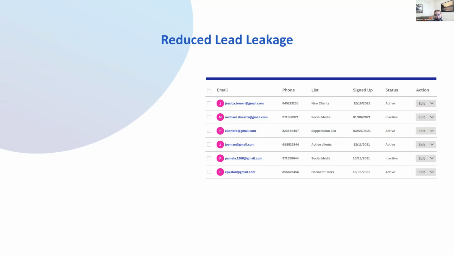It could also reduce lead leakage. And this is sometimes where an opportunity gets missed. What I mean by this, I've seen companies look at a lead and the lead has one engagement, but that engagement was super important because it was actually a demo request form that slipped through the crack.